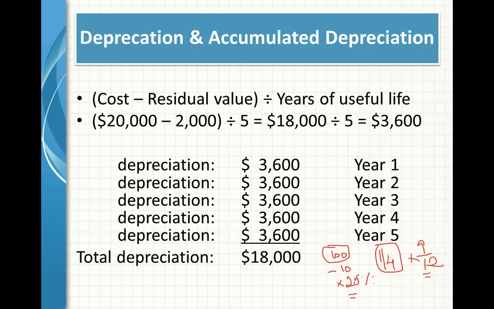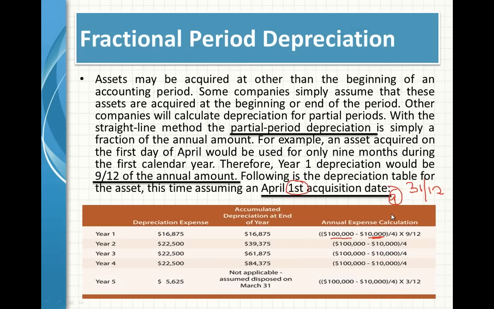Second year onwards, same: 100,000 minus 10,000 times 25%. You need not do this fraction again. Only in the first year you used it for only 9 months, so you have to calculate the fractional depreciation, 9 by 12. And in the last year, fifth year, say if we sold it on March 31st.